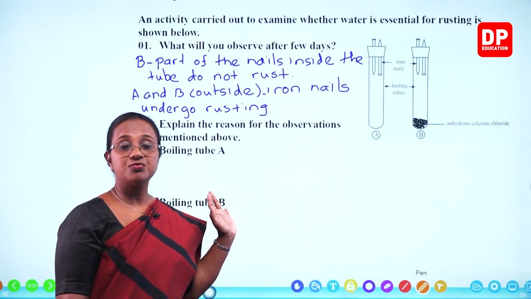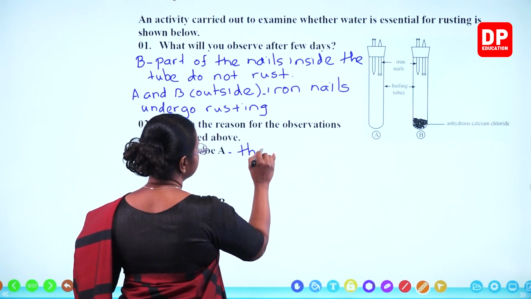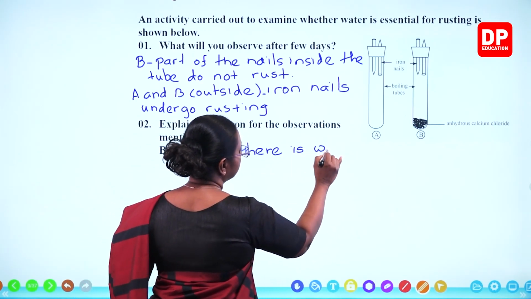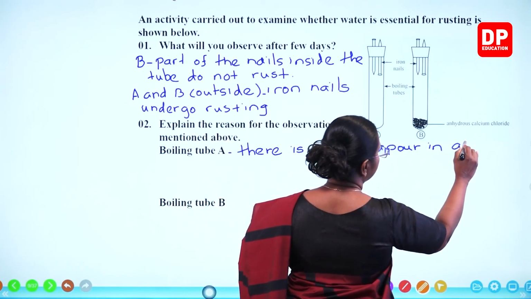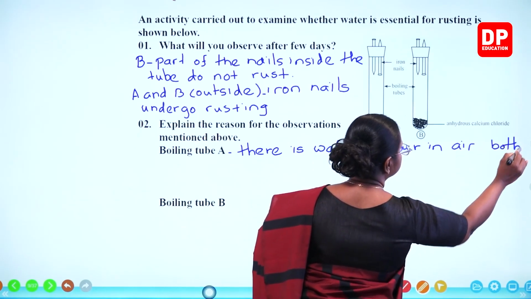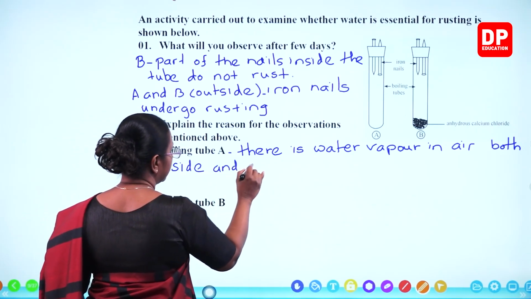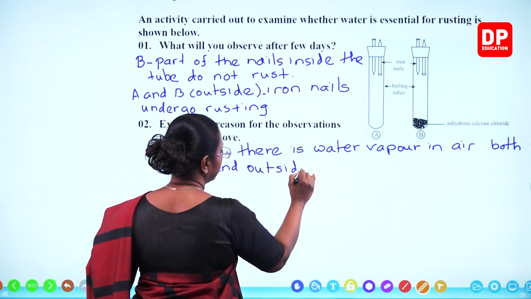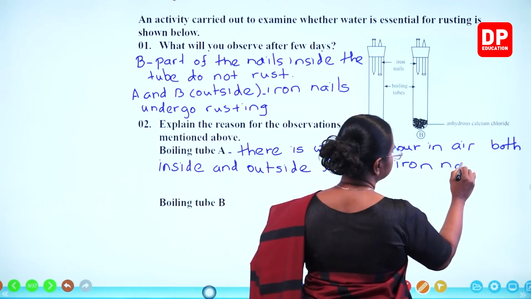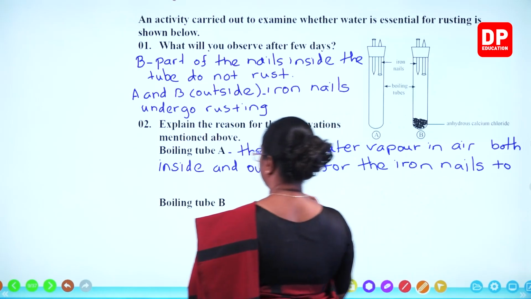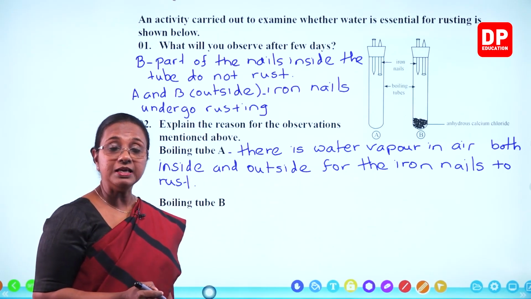Boiling tube A, there is water vapor in air both inside and outside for the iron nails to rust. But in boiling tube B, what happens?